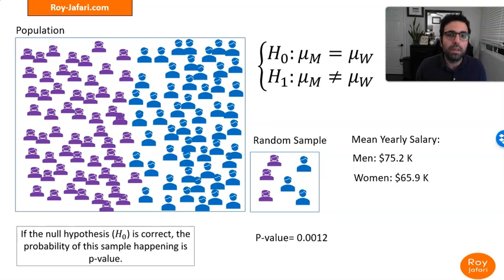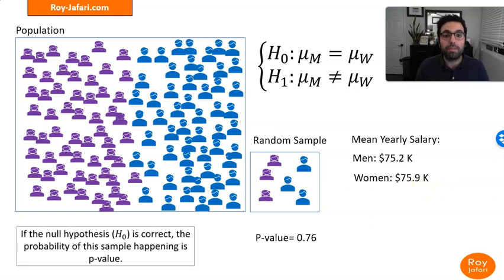So that's p-value. Let's look at the reverse side of this. Let's say, what if the women's salary and men's salary changed? Men's average salary in the sample was 75.2K, and women's average yearly salary was 75.9K, right? And when we calculate the p-value on this one, let's say the probability value turns out to be larger.